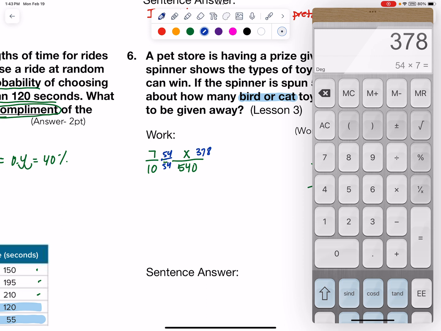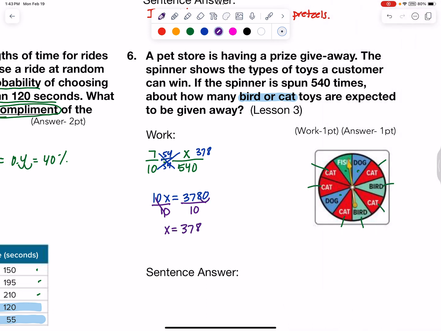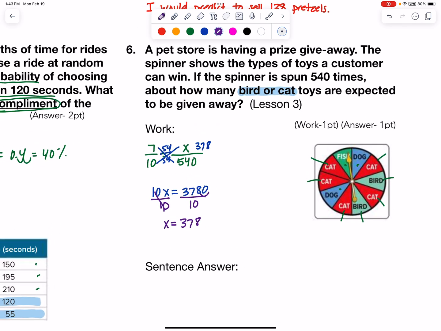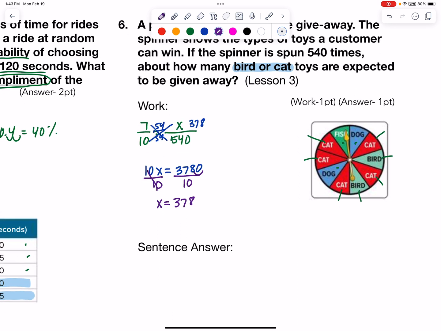If I cross multiplied, I would have 10x equals 540 times 7 is 3,780. And then divided by 10, we would have x equals 378 as well. Okay. All right. So let's go ahead and answer the questions.